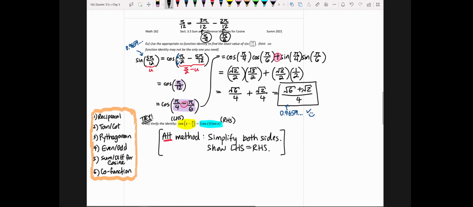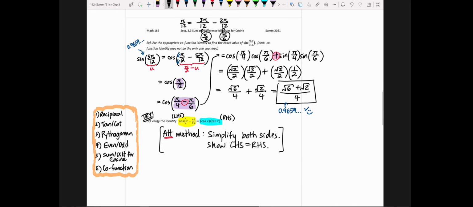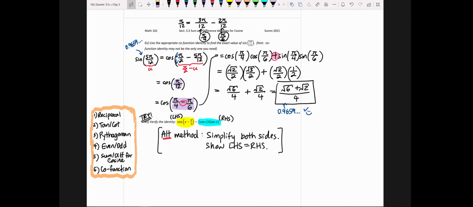Put in my DMs the expression that the left side and right side both simplify to, and we'll check to see if we're in agreement. Write that expression in my DMs.